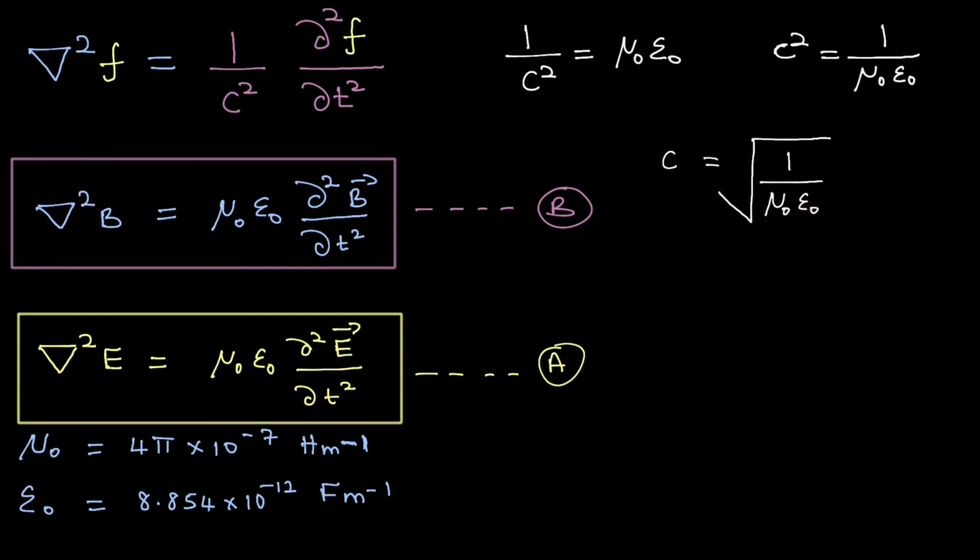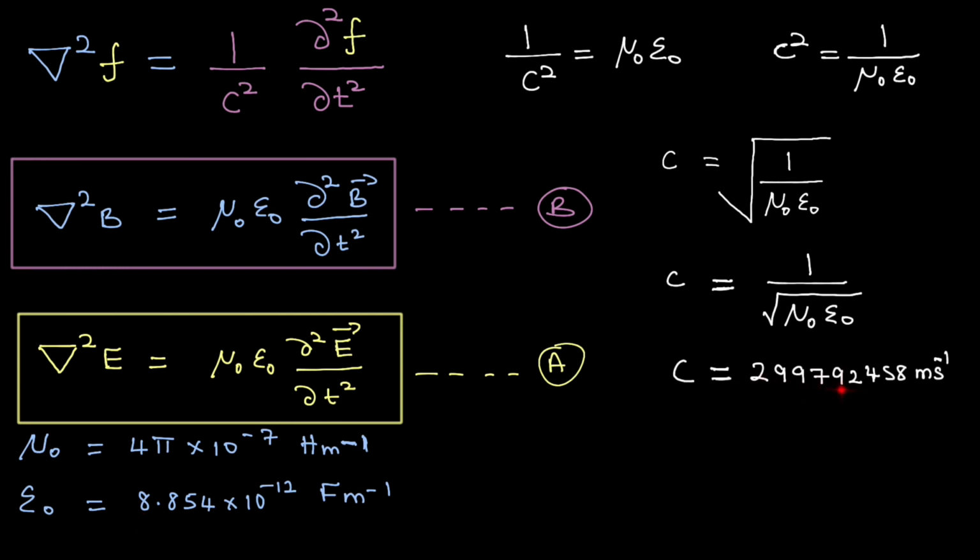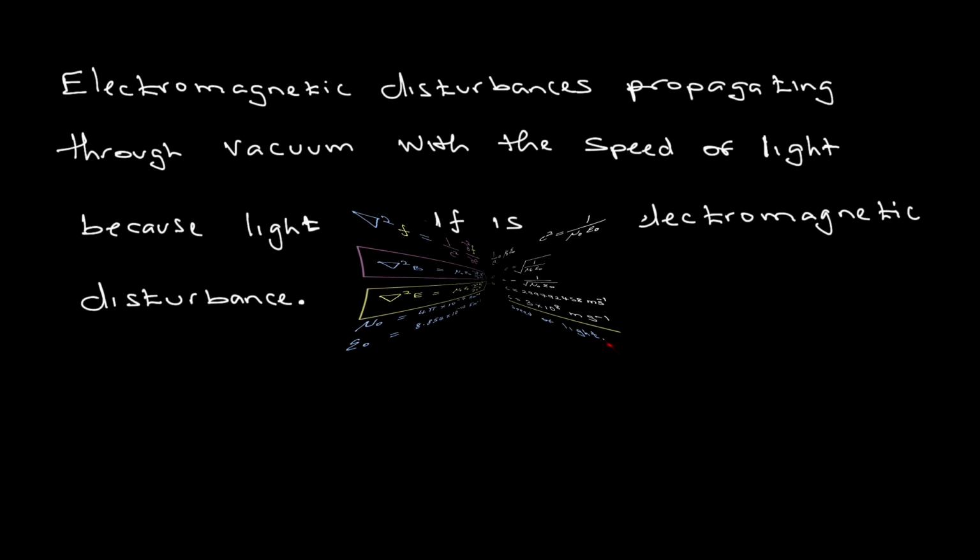We can rewrite that as c equals 1 over root mu-naught epsilon-naught. And if we plug in the values, we will get c equals 299792458 meters per second, which is approximately equal to 3 times 10 to the power 8 meters per second, which is the speed of light.